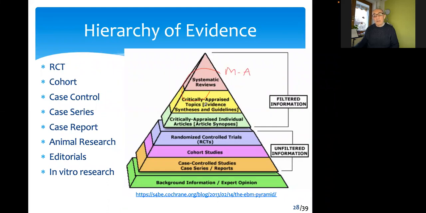Then comes critical appraisal of topics like evidence synthesis and guidelines. Then critically appraised individual articles, and thereafter we have the individual study designs: randomized control trials, cohort studies, case control studies, and at the bottom of the pyramid we have the expert opinion.